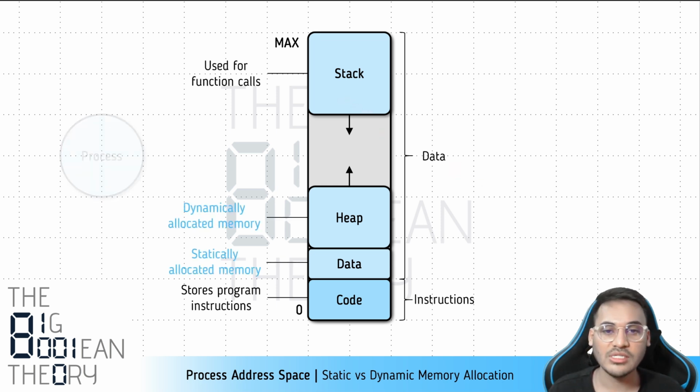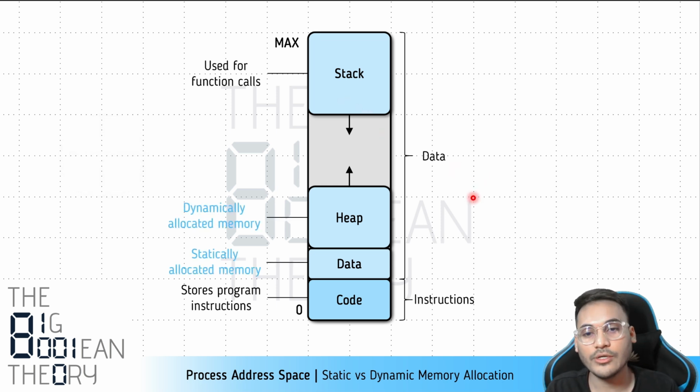Now, we will study in the next few videos that the heap section is a pool of memory that is reserved for dynamic memory allocations. What is static and what is dynamic memory allocation we will study in this video, right? But I'm laying out the context and the motivation of why we need to understand static and dynamic memory allocation.